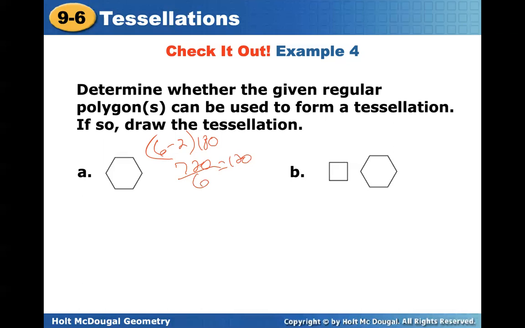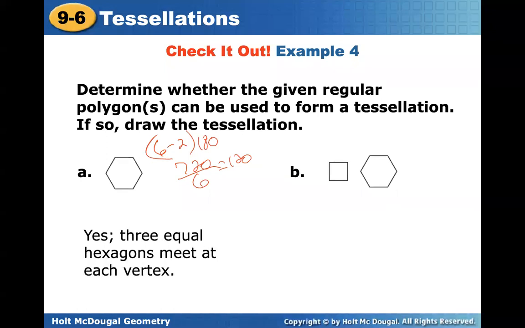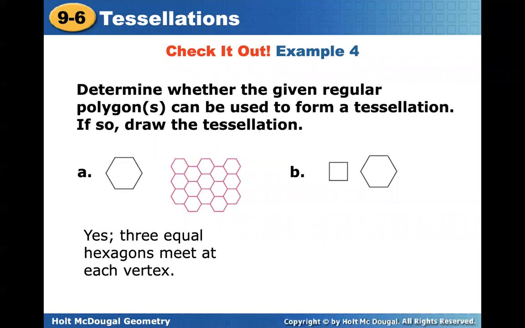And 360 is divisible by 120, so we can have 3 of those angles in each corner. It should look something like that. It ends up looking almost like a honeycomb or a beehive. So you can have 3 of those angles at every vertex.